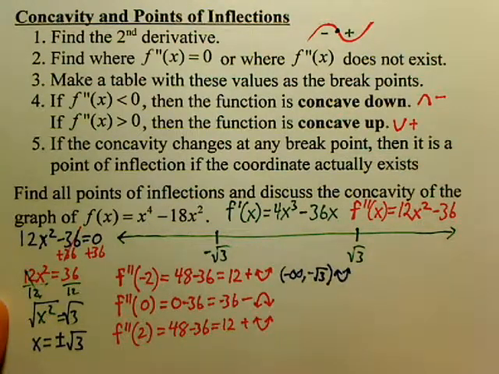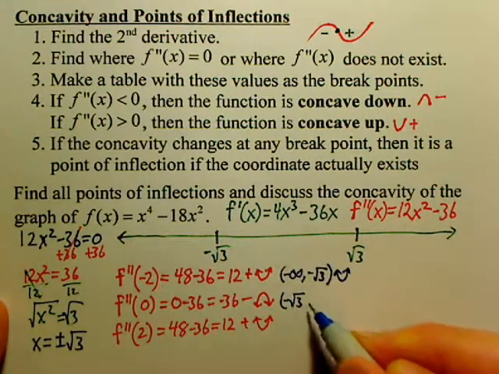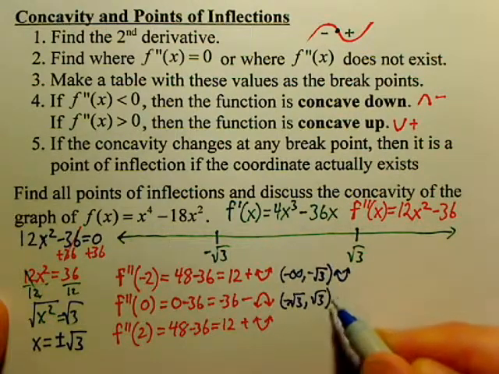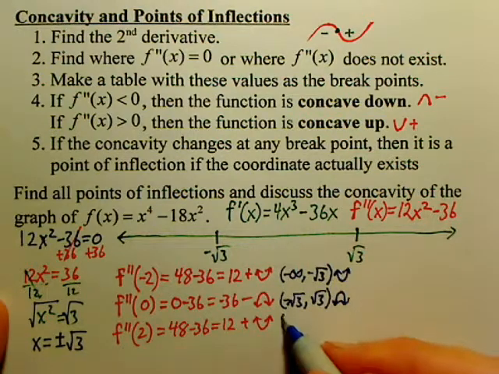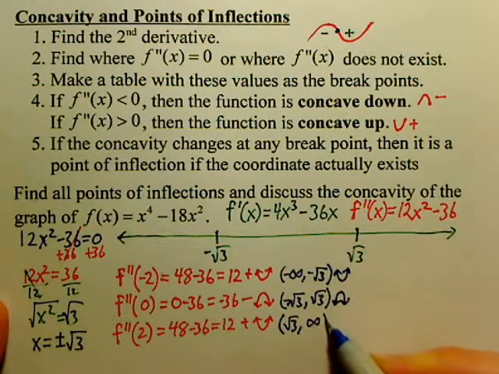For the interval from negative square root 3 to positive square root 3, that one is concave down. And the last interval, from the square root of 3 to positive infinity, we said is concave up.